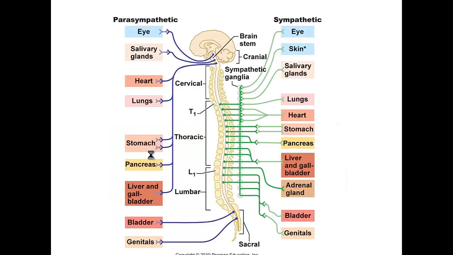So, very long preganglionic neuron. So where is the ganglia, which is the collection of cell bodies where preganglionic and postganglionic meet? It's very close to the effector organ. Would you agree? Because it's so short. So this ganglia is very close to the effector organ in the parasympathetic nervous system, because it's a very short postganglionic neuron.